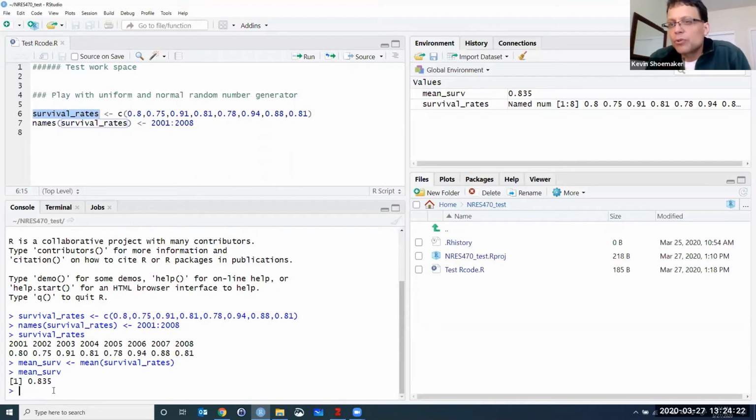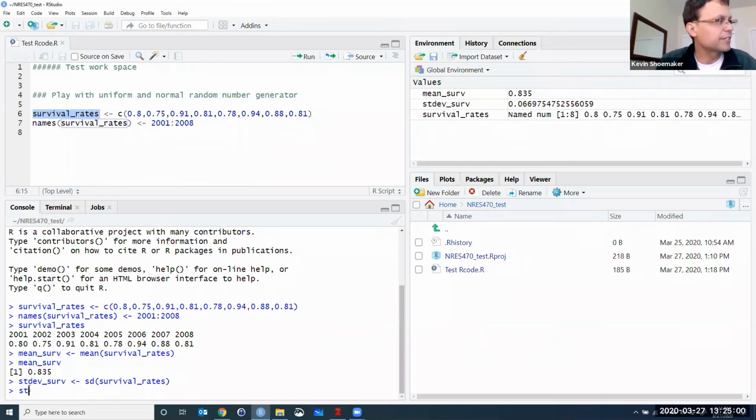Now, the normal distribution is described by a mean and a standard deviation. So we already have one of the parameters for constructing this normal random number generator for survival rate in this population. Now we just need to compute the standard deviation. So I can make a new variable, standard deviation of survival, and I'll use the SD function in R to calculate the standard deviation from the data, and I will just feed in the survival rates.